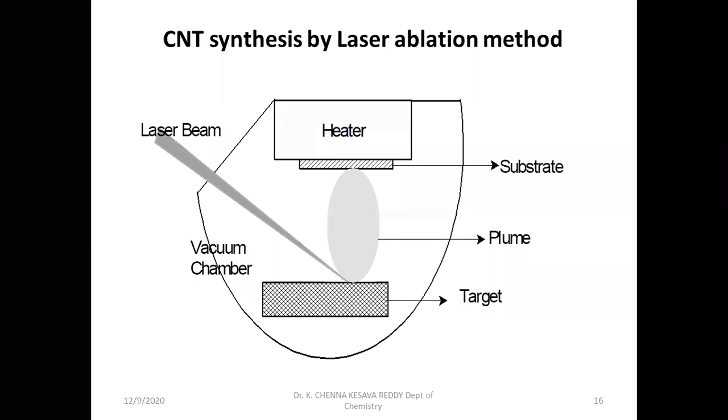If you attach this heater, what will happen? The substrate will be at high temperature, and the high temperature plume will be deposited at high temperature itself. At the end, we get the deposited carbon nanotubes on the substrate surface, and we will collect them, purify them, and use them for different applications.